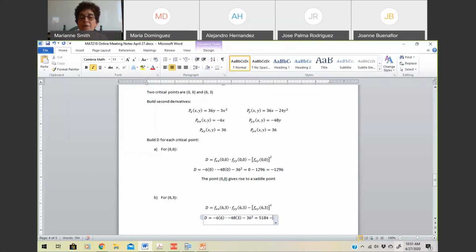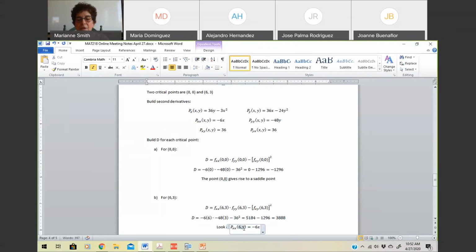We already said negative 36 squared is 1296, so I'm going to subtract that. And you can see just by looking at it that we're going to wind up with a positive number, which is 3,888. So since D is positive, that means we get to look at f sub x x evaluated at the critical value, at 6, 3.